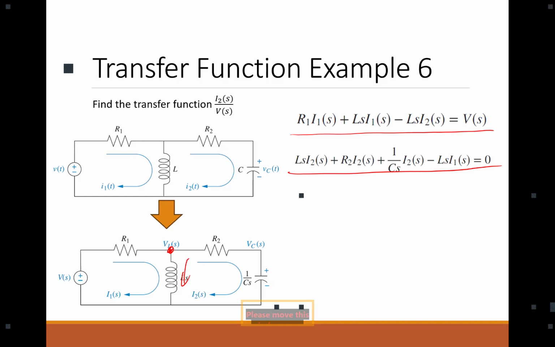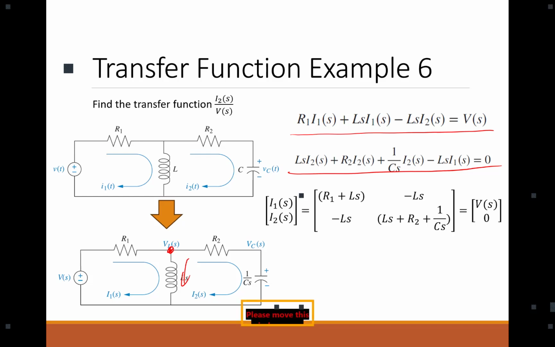Now we have two equations that relate the input voltage to the current. How can we show that? We have a set of equations, so we are going to use matrices. We have a vector of our currents.